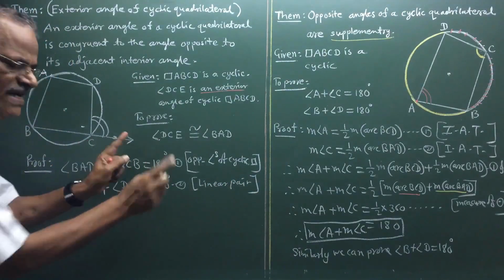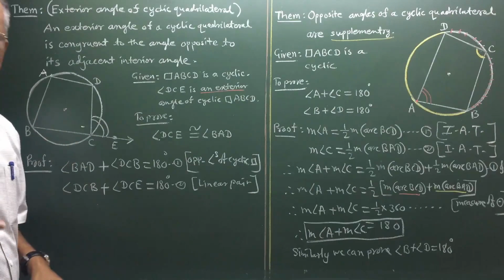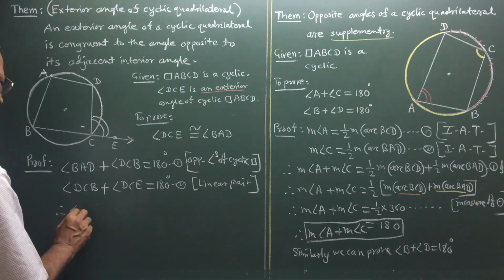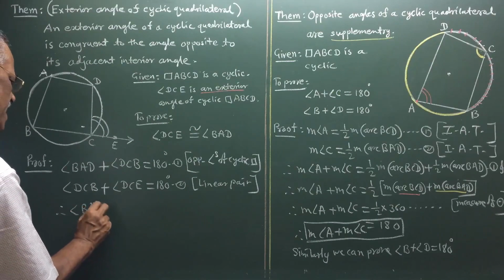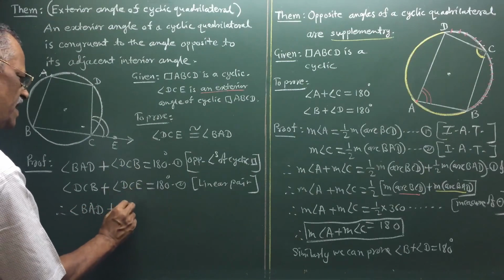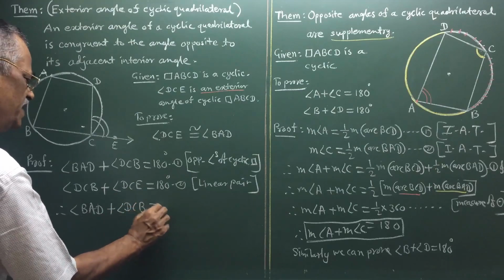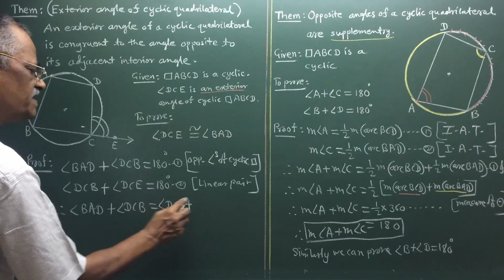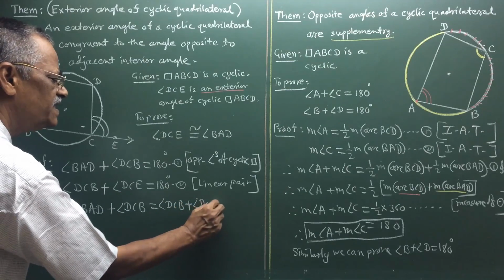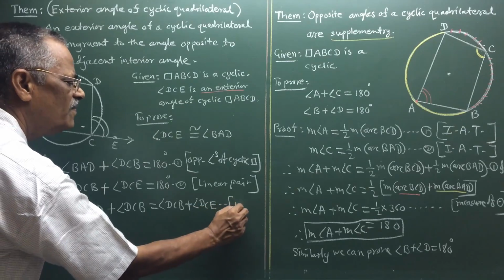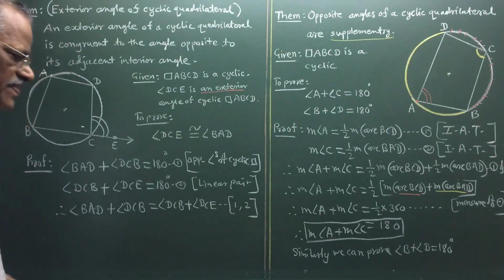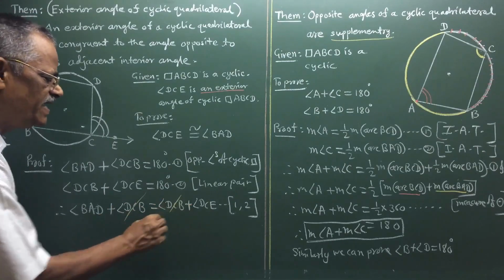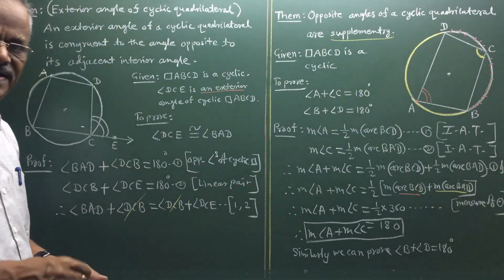And right hand sides are equal, so definitely left hand sides are equal. So what about that left hand sides? Angle BAD plus angle DCB is equal to angle DCB plus angle DCE from 1 and 2. But you can see that left hand side DCB, right hand side DCB, eliminated.